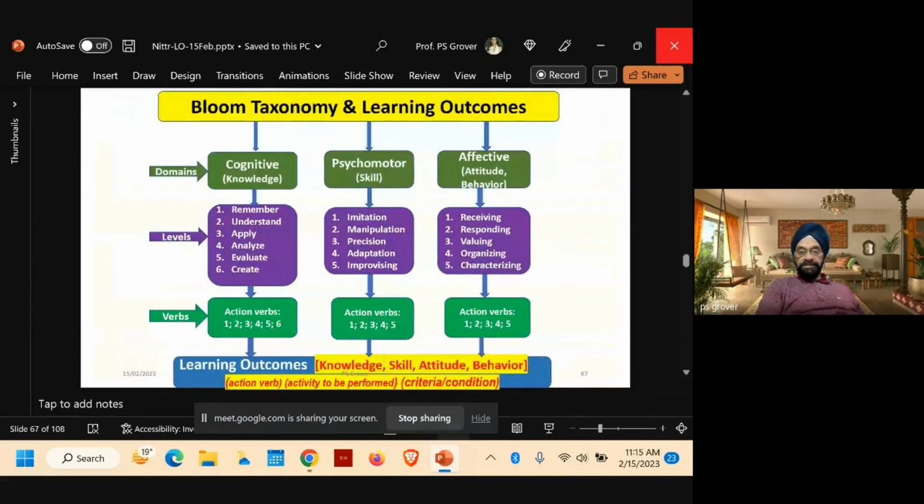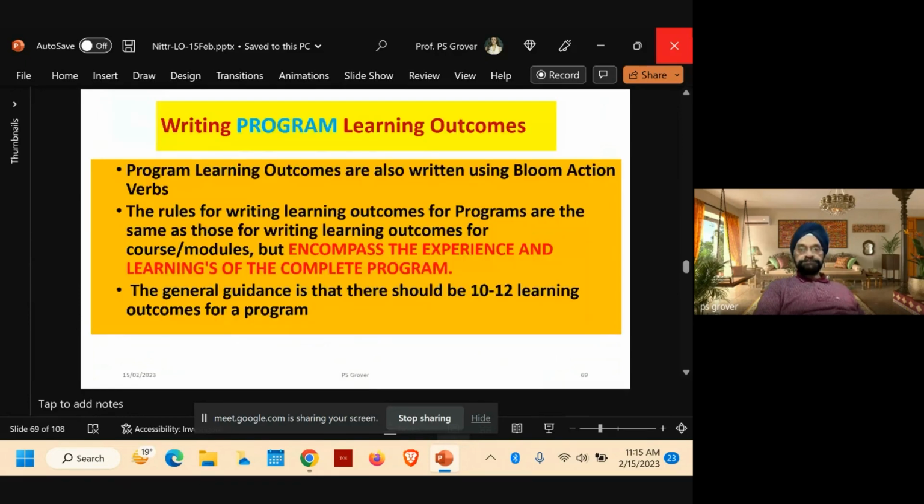So here is just a summary of what I had discussed about courses like this. Bloom taxonomy: cognitive, psychomotor, affective levels, then action verbs, and learning outcomes. That's how construction is. Now the question is writing the program learning outcomes.